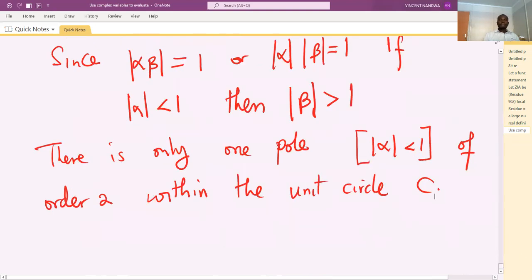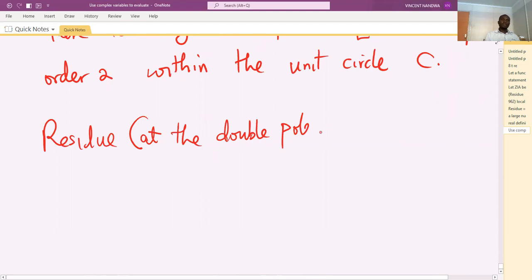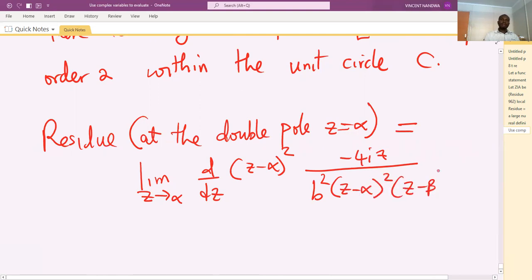So the residue at the double pole z equals to alpha is given by the limit as z approaches alpha of d dz of z minus alpha squared times minus 4iz divided by b squared into z minus alpha squared z minus beta squared.